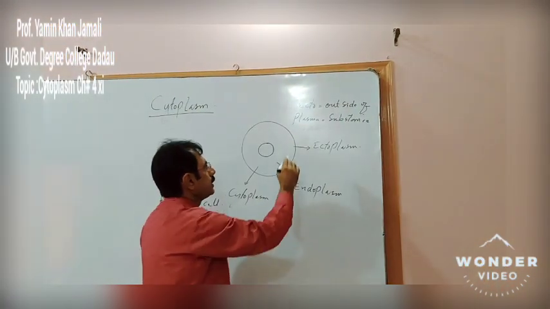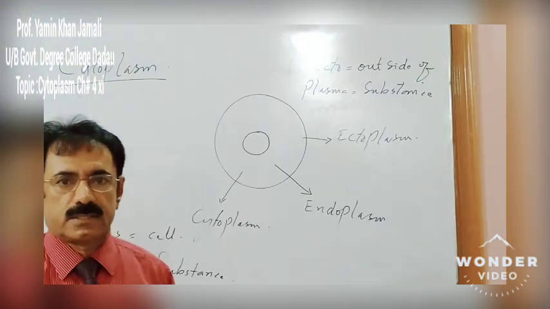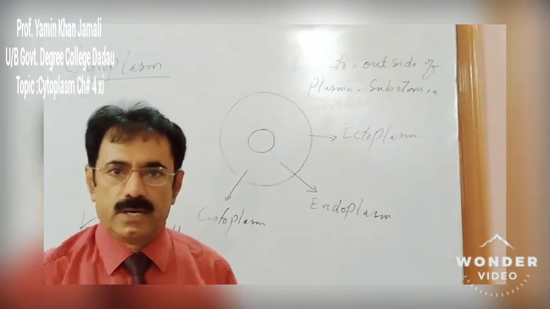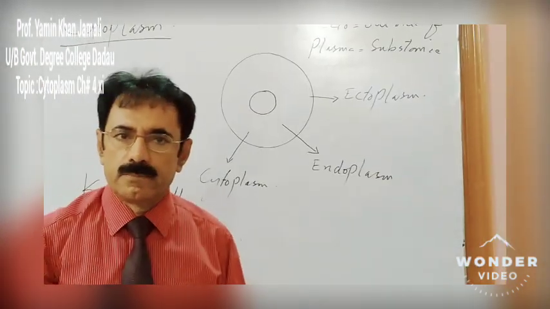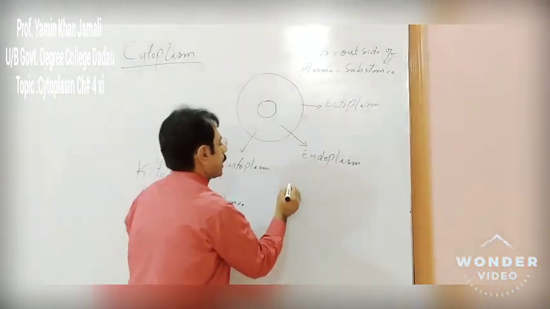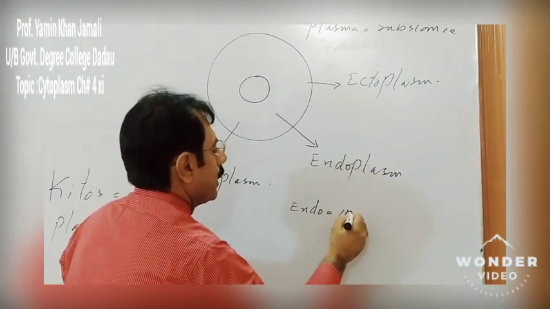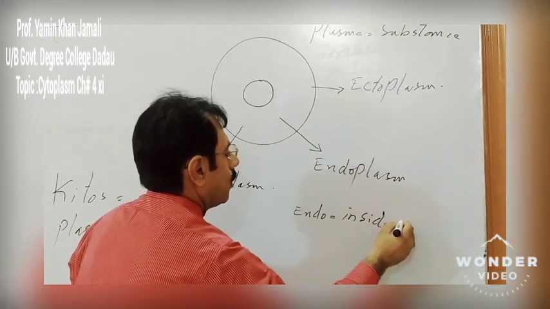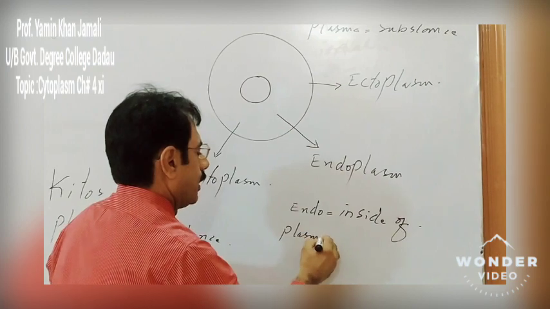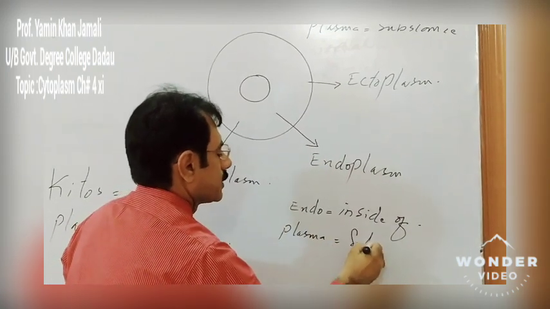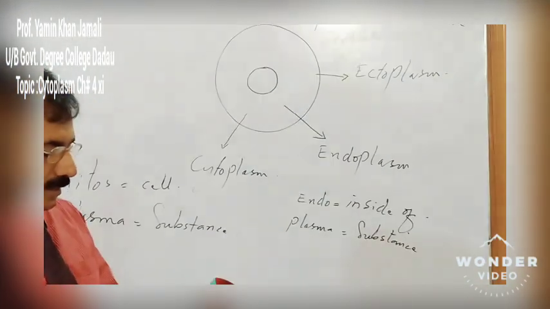The ectoplasm is more viscous in comparison to the endoplasm. The word endoplasm is also the combination of two words. Endo means inside of, and plasma means substance, so inside substance.